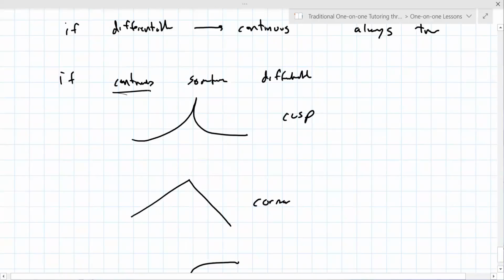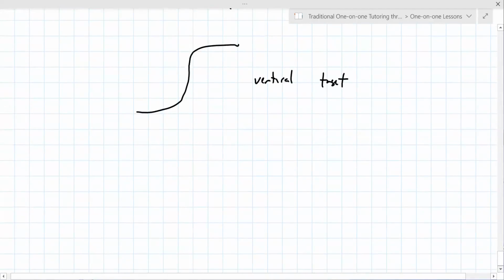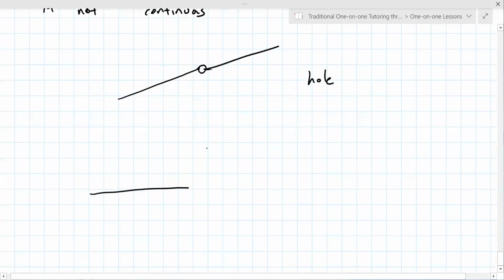And then you get to some that are not continuous. Those were the ones you were dealing with in the last chapter. So the not continuous, you have a hole. You have a jump. And these also have problems.